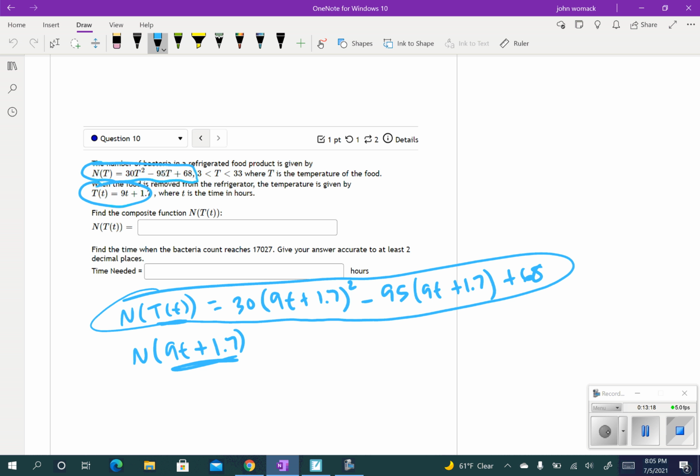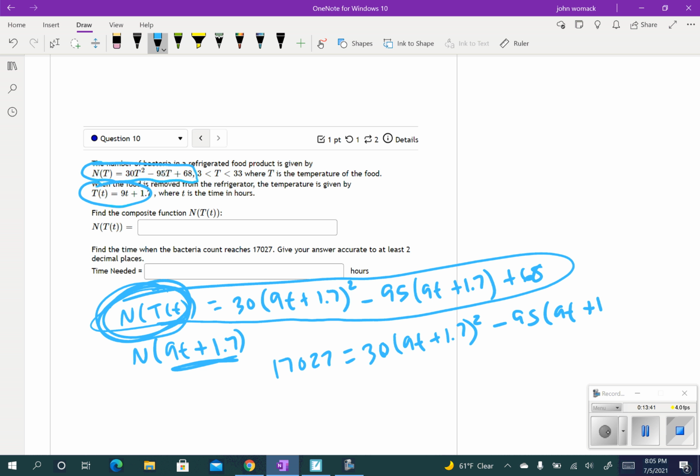If I want to find the time needed, that means it tells me the bacteria count, which is this. So I have to go 17,027 equals that big long thing, 30 times 9T plus 1.7 squared minus 95 times 9T plus 1.7 plus 68.